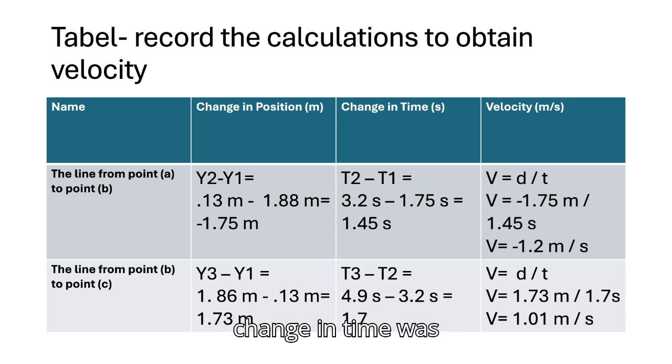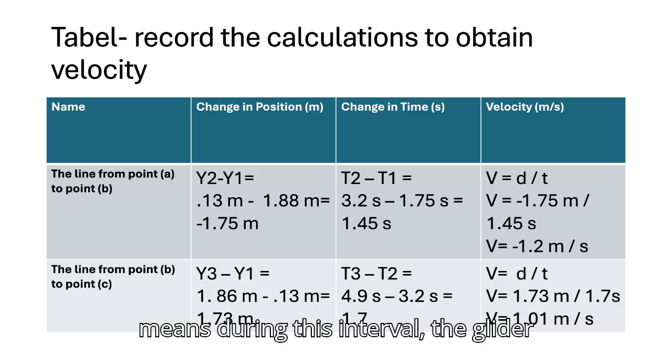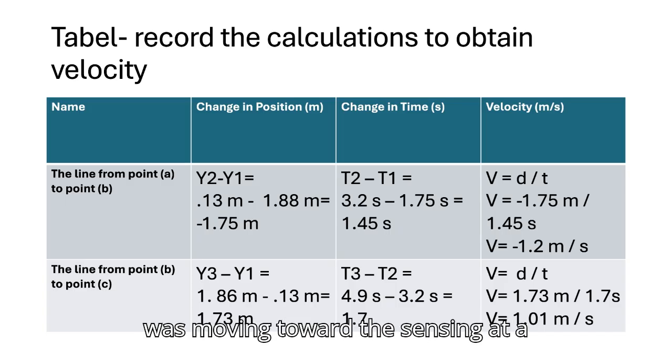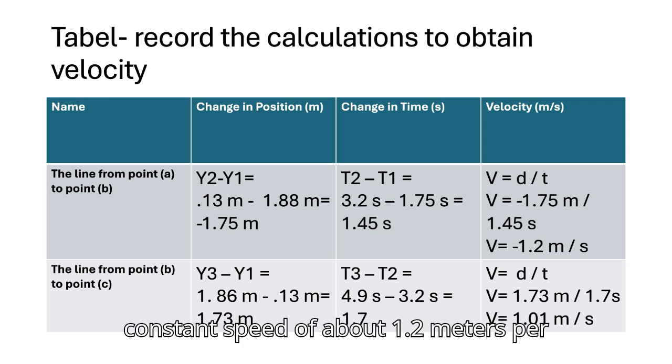The change in time was 3.2 seconds minus 1.75 seconds, which equals 1.45 seconds. So velocity equals negative 1.75 meters divided by 1.45 seconds, which gives us approximately negative 1.2 meters per second. That means during this interval, the glider was moving toward the sensor at a constant speed of about 1.2 meters per second.